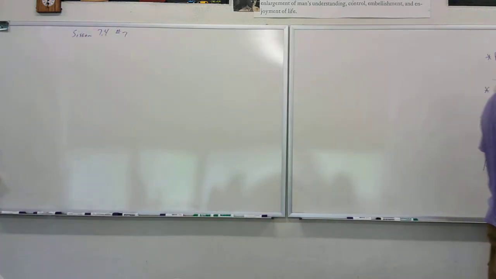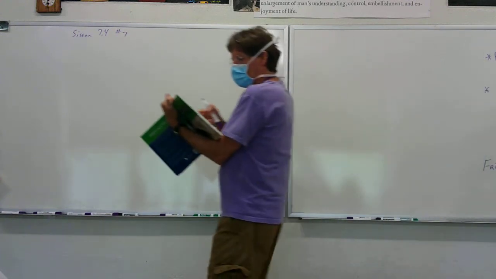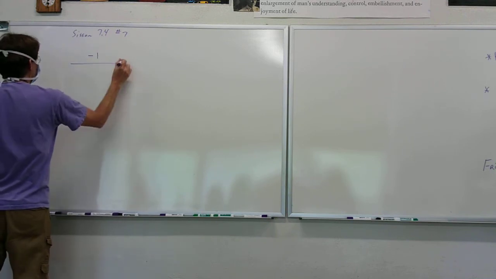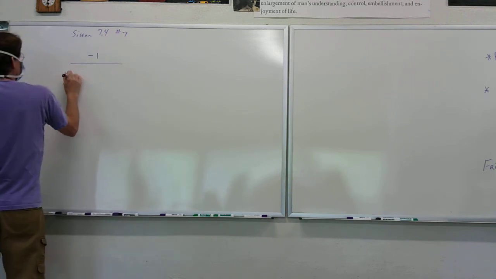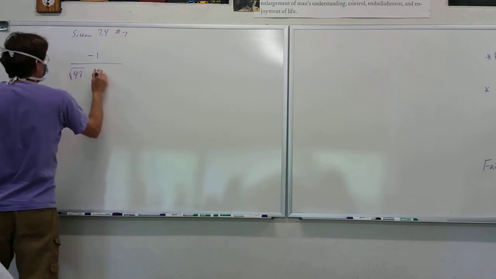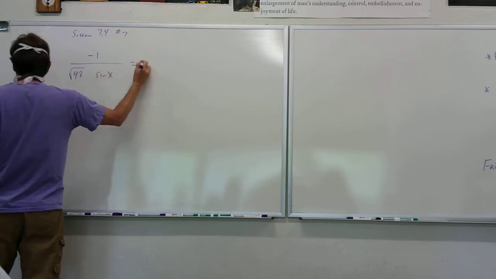See? All right. Negative 1, and they got the negative sign there. I'm going to put that negative sign in the numerator so I don't lose it. Square root of 48 sine x equals 1/8.